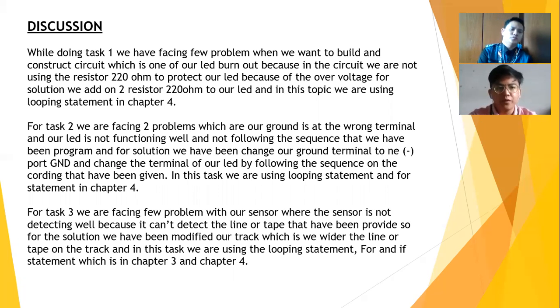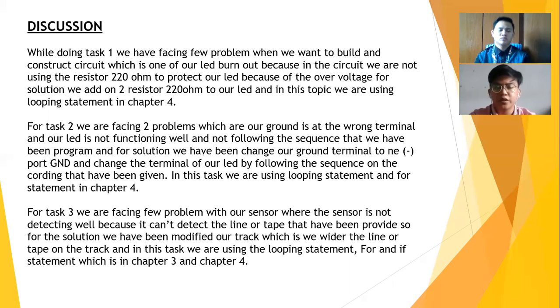And for task 2, we faced some problems, which is our ground was at the wrong terminal, and our LED was not functioning well and not following the sequence that we had programmed.